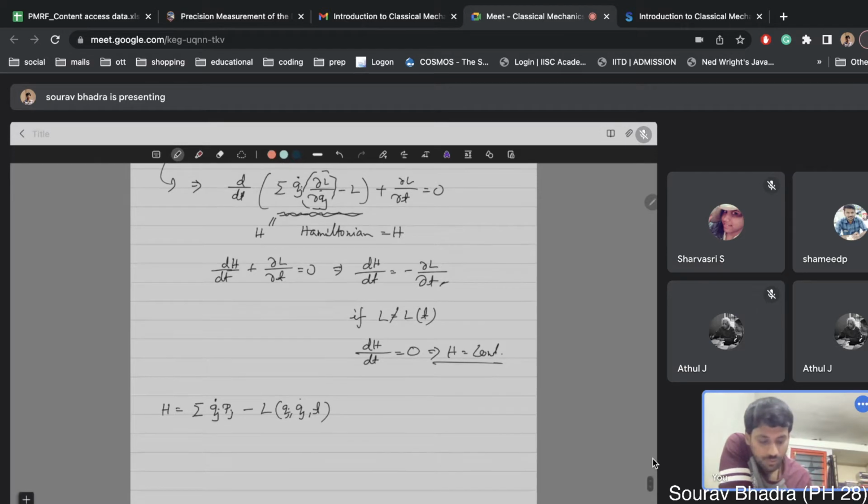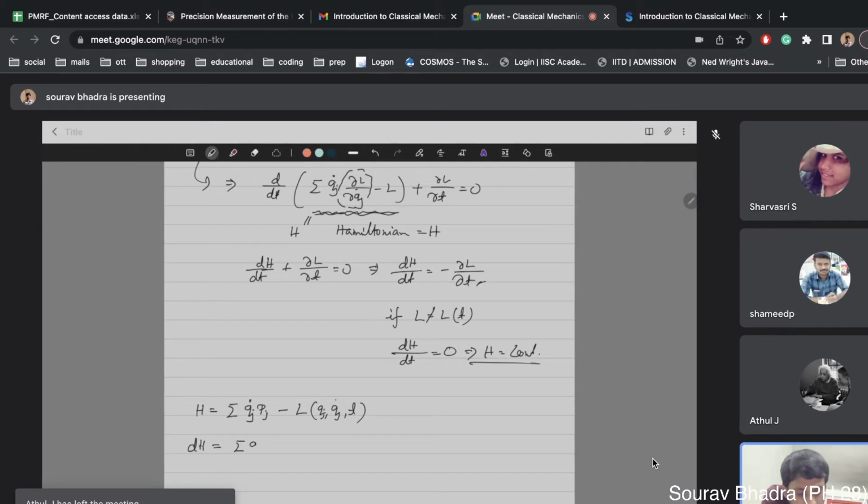Now if we take the total differential of this expression, that will be qj dot dpj plus pj dqj dot minus del L del qj dqj minus del L del qj dot dqj dot, and minus del L del t dt.